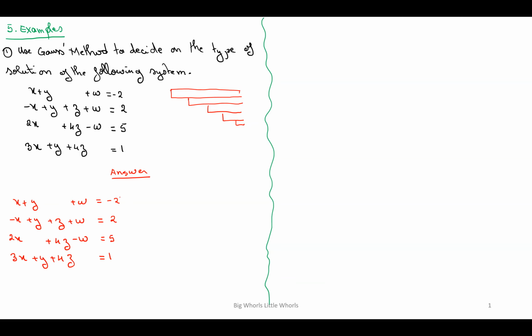I'm going to start with row 1. If you look at row 1, our leading variable in row 1 is x. We have seen what we mean by leading variable.